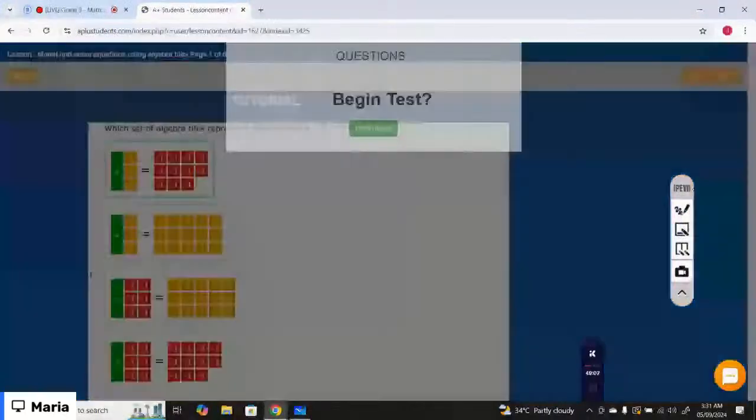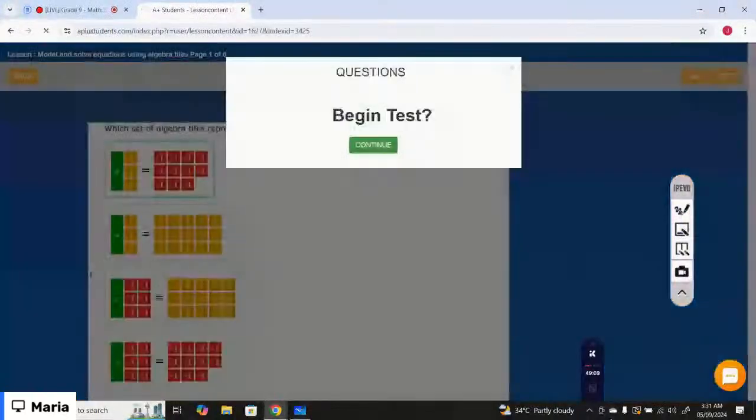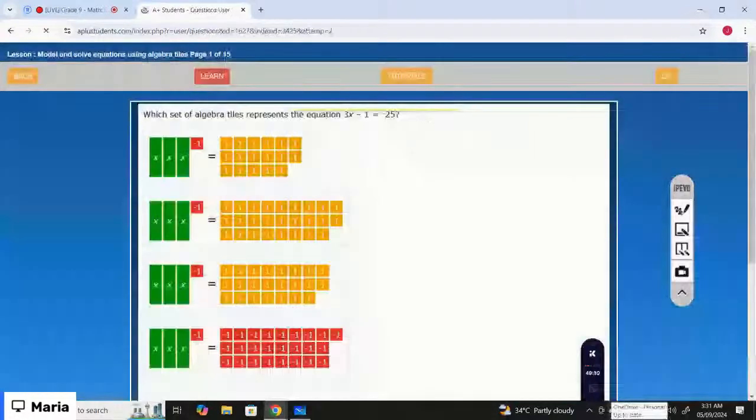Let's just start with the test questions. Okay, which set of algebra tiles represents the equation 3x minus 1 equals negative 25?